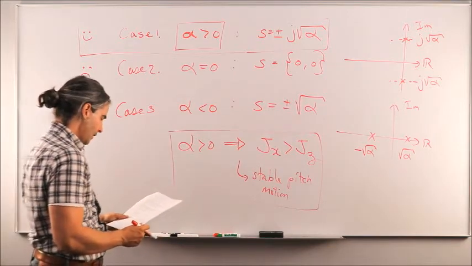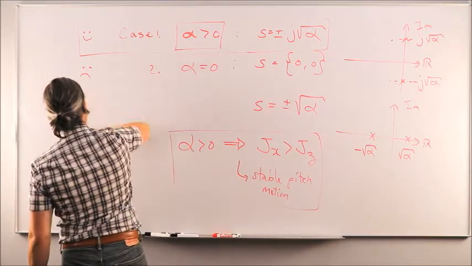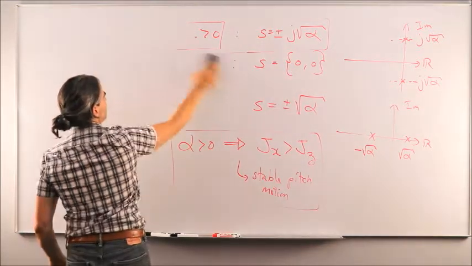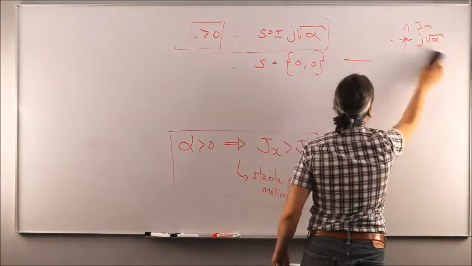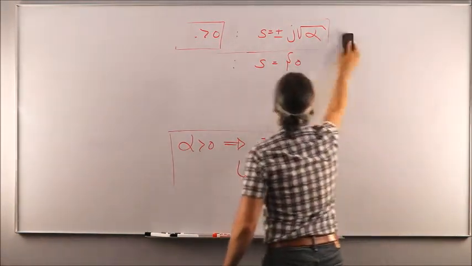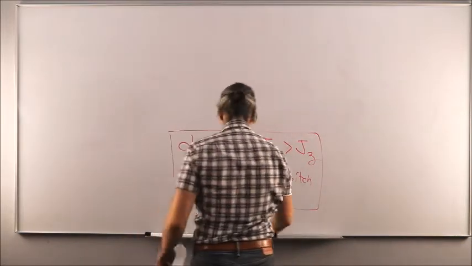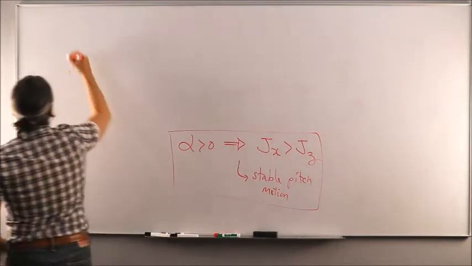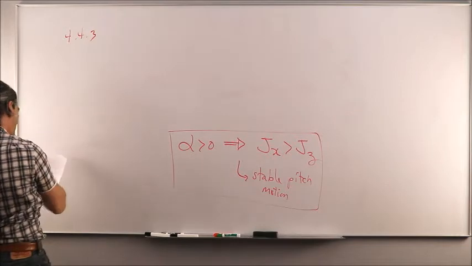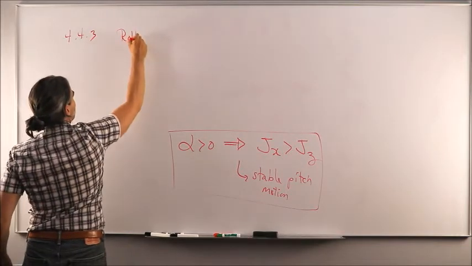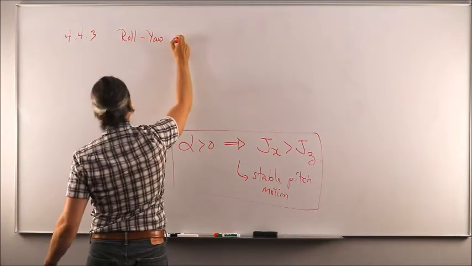Okay, but what about the roll-yaw motion? The two equations of motion that were coupled together. Well, let's have a look at that. Section 4.4.3: x and y coupled equations of motion in terms of stability analysis.